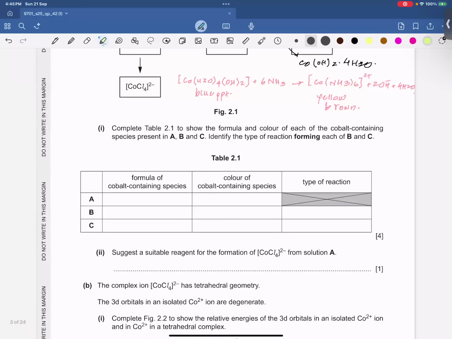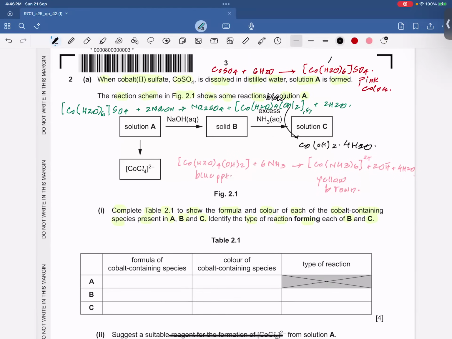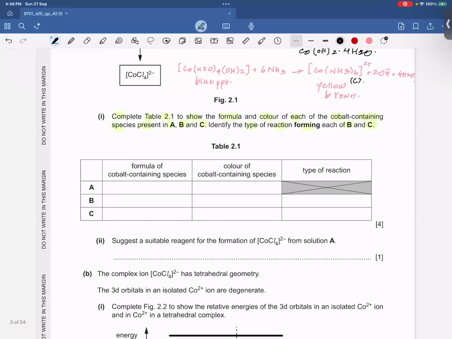Part 1. Complete table 2.1 to show the formula and color of each of the cobalt 2 containing species present in A, B, and C. Identify the type of reaction forming each of B and C. So the formula of the cobalt containing species: that is your A, that is your B, and that is your C. So I'm going to write cobalt, water, and sulfate ions.